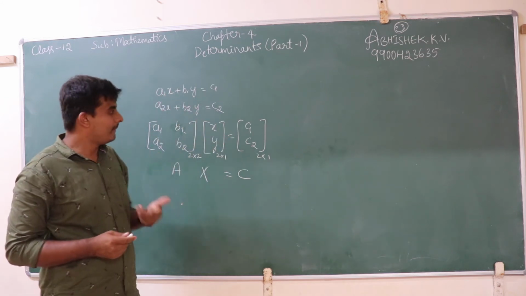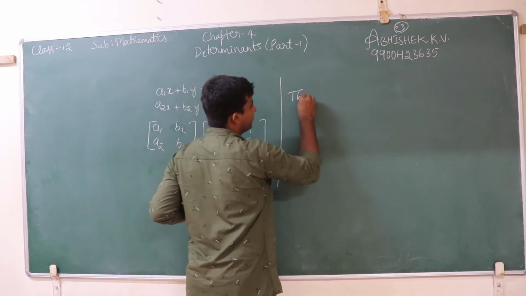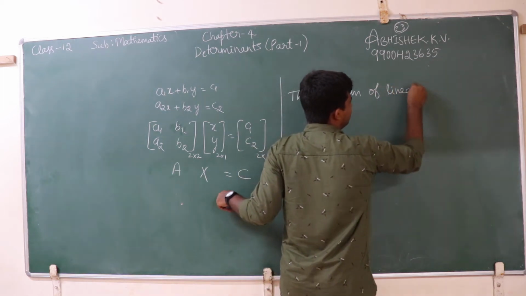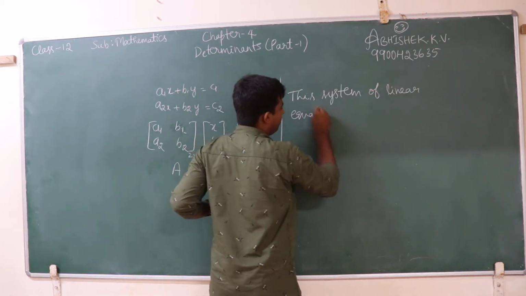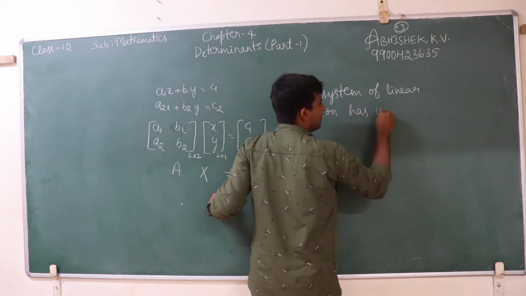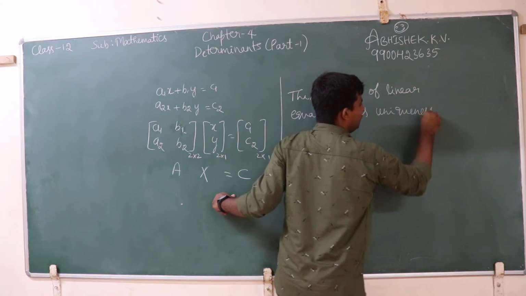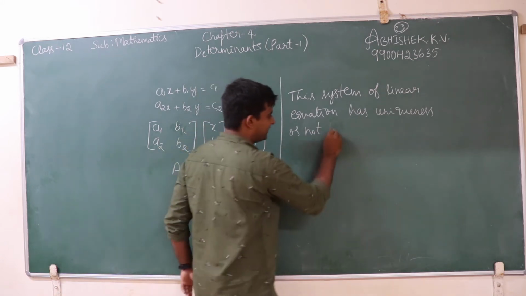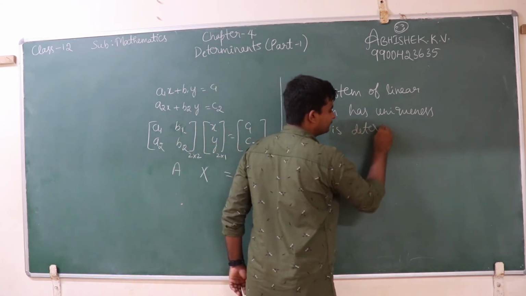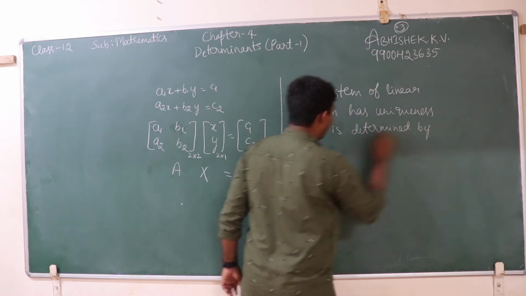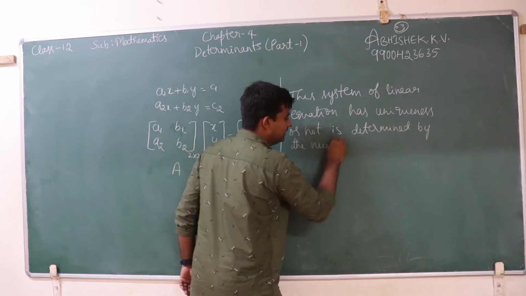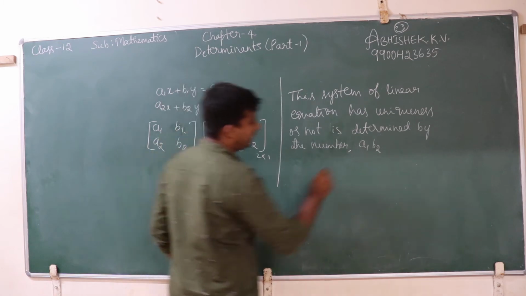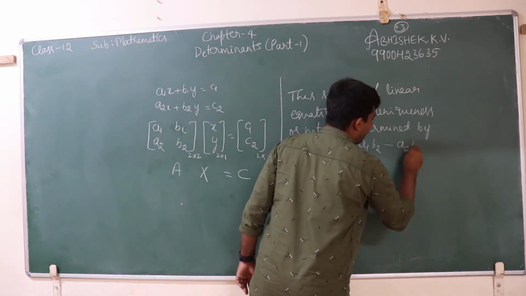How can we determine this? By considering this system of linear equations, whether it has uniqueness or not is determined by the number a1 b2 minus a2 b1.